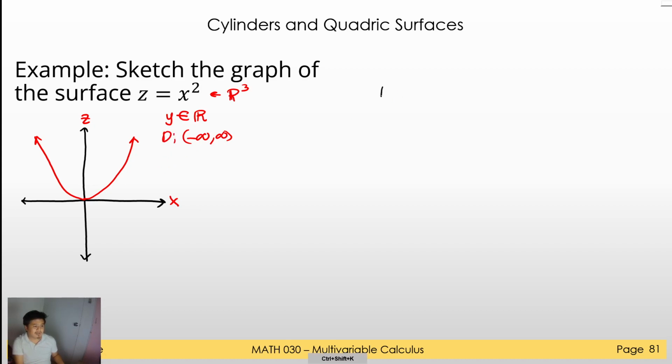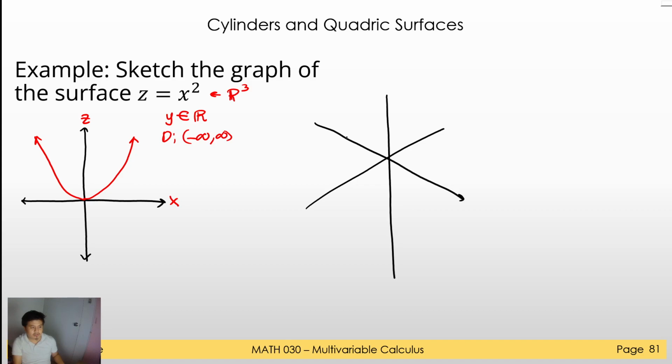So if we graph this in three-dimensional space, this is the z-axis, this is the x-axis, actually this one is x positive, and this is the y-axis. Using this graph, we can identify that in this perspective, this is your parabola.